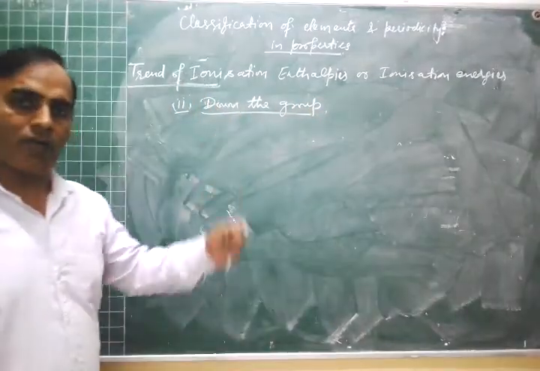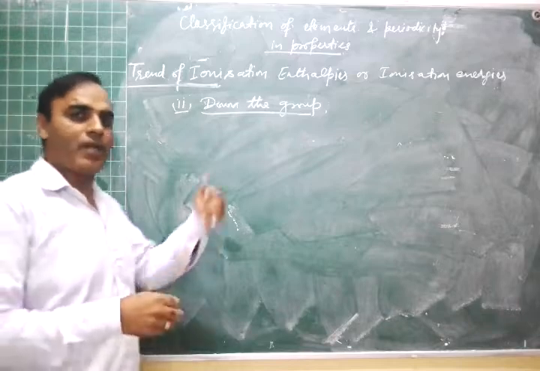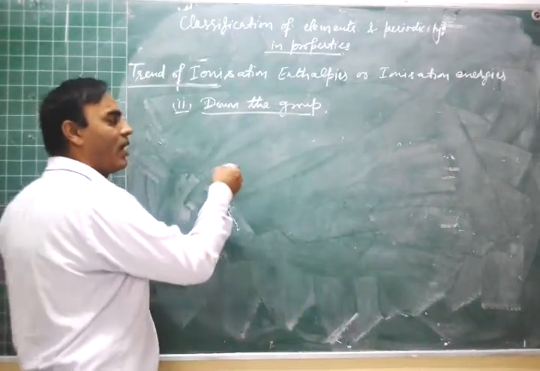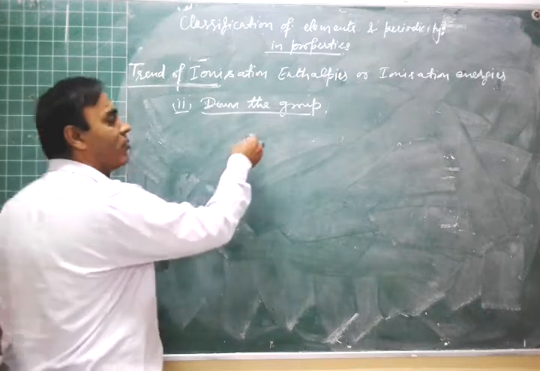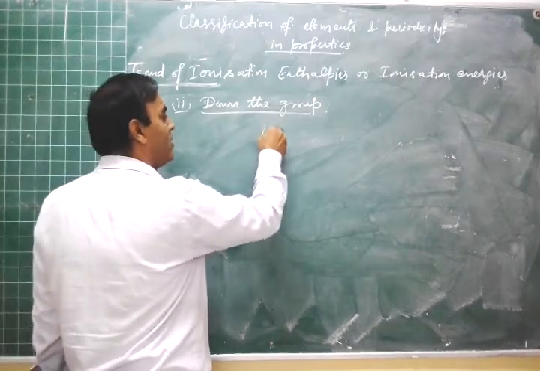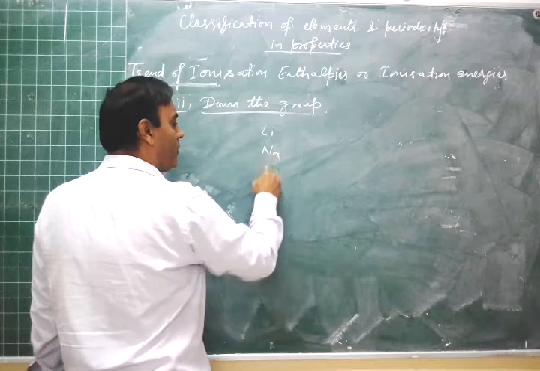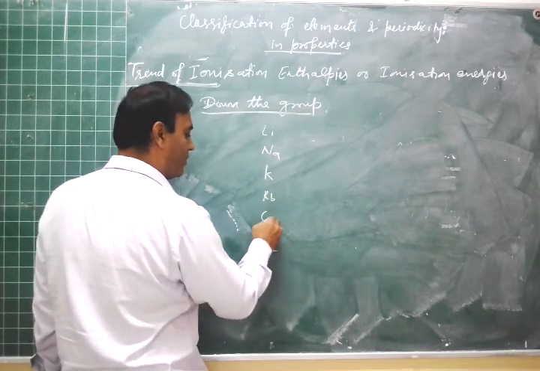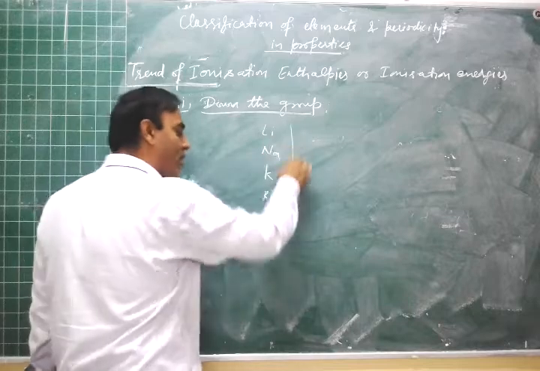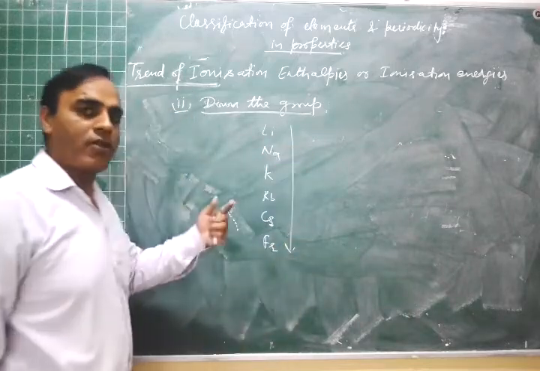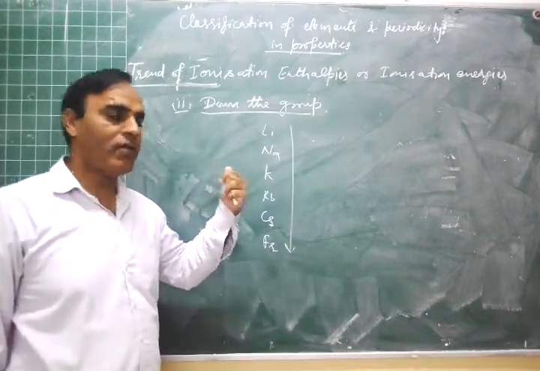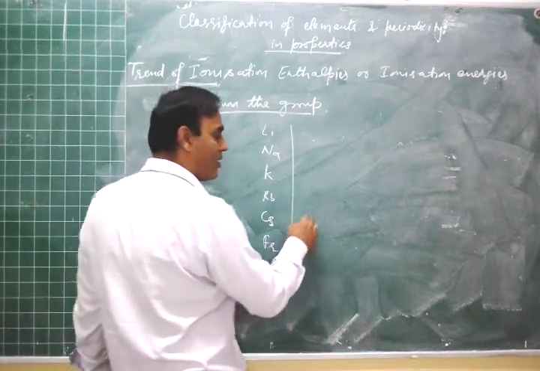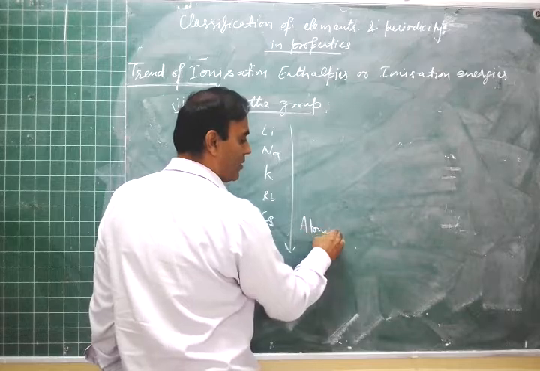Now as you move down the group, what will happen? Atomic size increases. For example, I will write here the first group elements, that is alkali metals: lithium, sodium, potassium, rubidium, cesium and francium. Right? As we move down the group, now recall from the previous video that atomic radii increases, that is, atomic size increases.